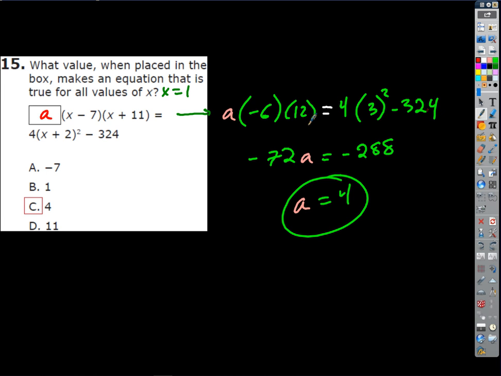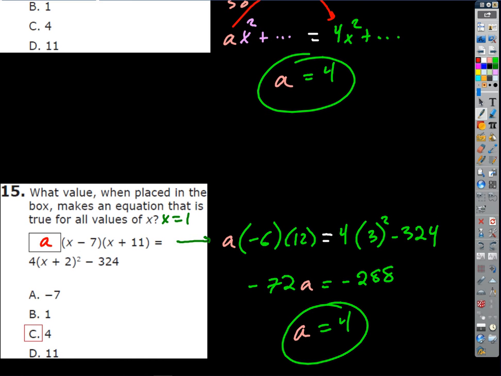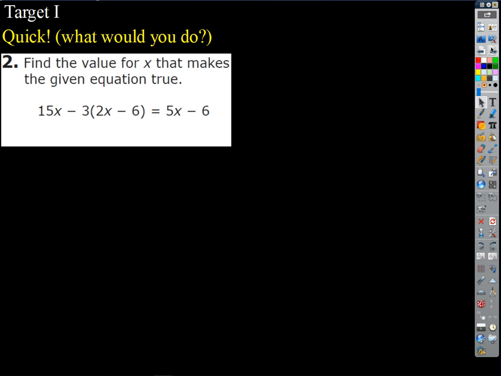So I get negative 72A on the left, and all that. If I multiply all that out, I'm going to get 36 minus 324, which is negative 288. Divide each side by negative 72, and the calculator tells me it's 4. Okay. Either way, I get 4. And that trick, it's amazing how much you can use, especially on these kinds of problems. It just is really valuable.